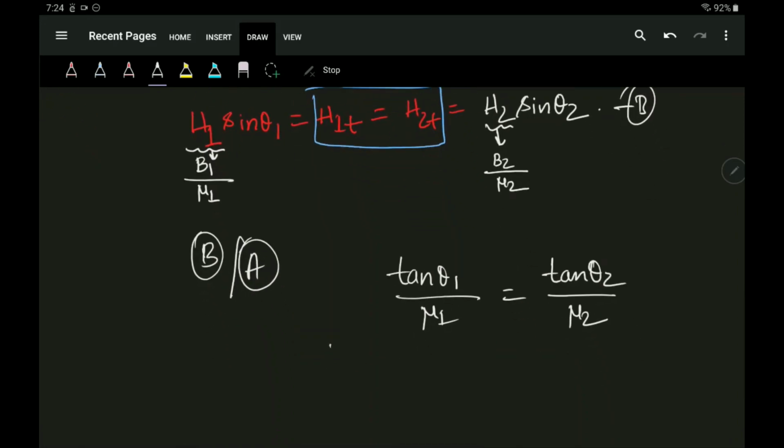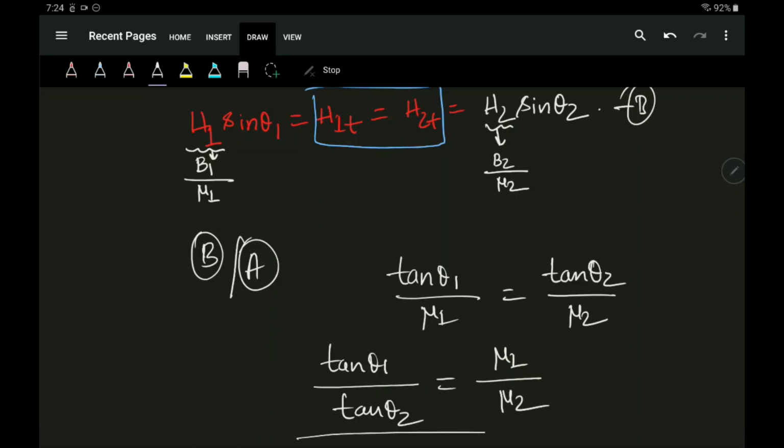So on simplifying, tan theta 1 divided by tan theta 2 will be equal to mu1 divided by mu2, which is nothing but the equation for the law of refraction for magnetic flux lines at the boundary with no surface current.